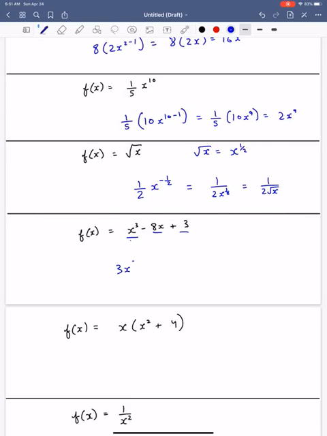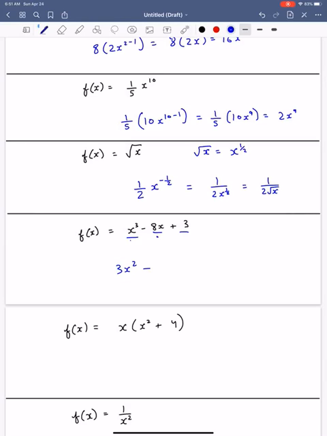3x with 3 minus 1, which would be 2, 3x squared. Then we do this one, which would be, first we look at the sign. Then we do 8x, where we know that 8 is a constant being multiplied by x, which is a function.